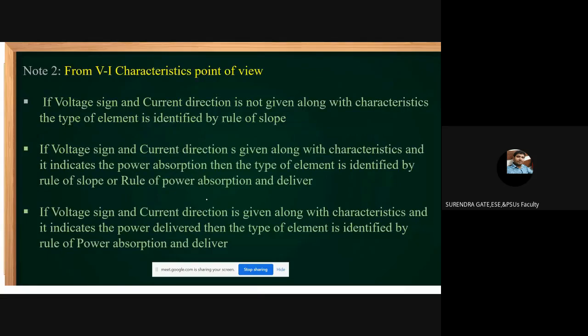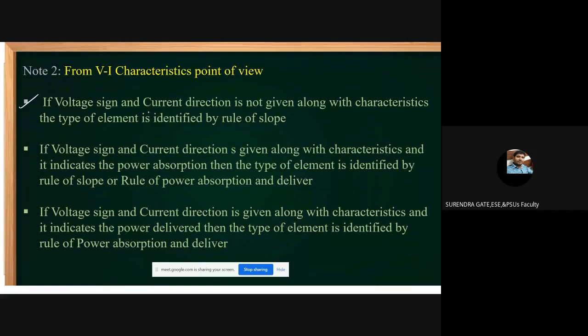One more note I am giving here. This is also very important, and also from the VI characteristics point of view. Once we solve different models of problems, we get an idea of the need for these points.